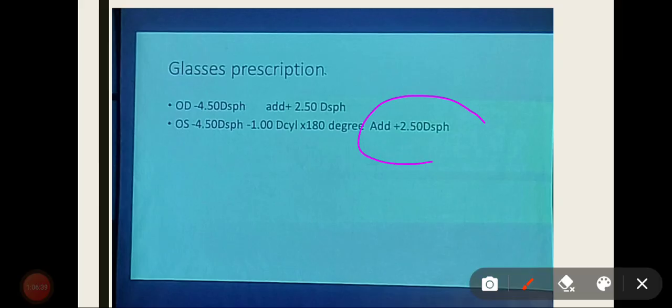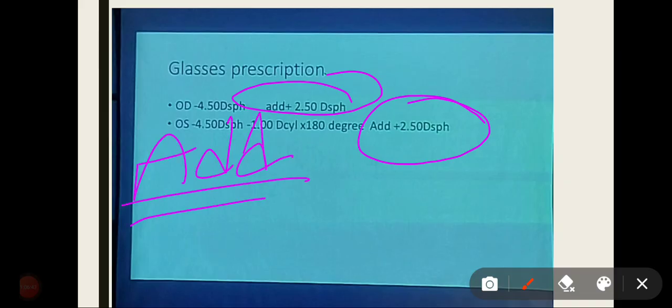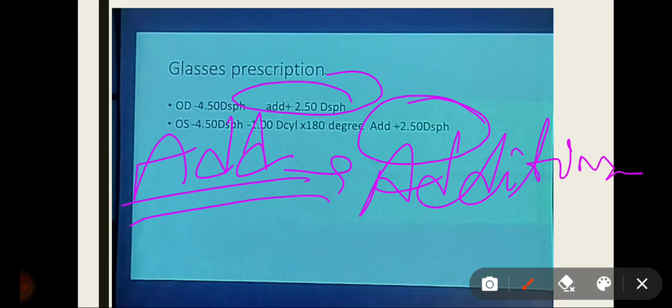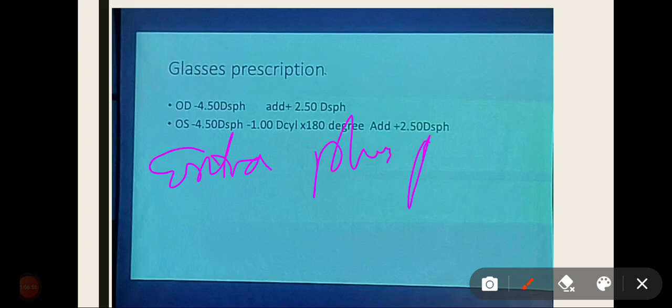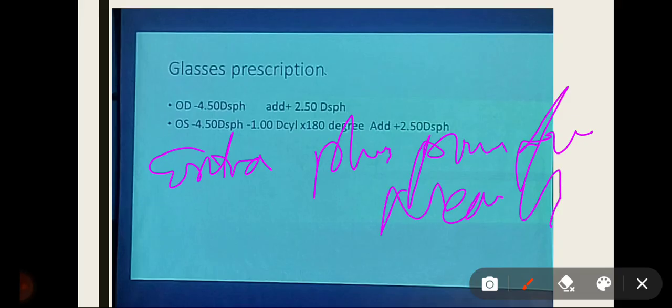What do you mean by this? Add means additional. In the addition there is extra plus power for near vision.